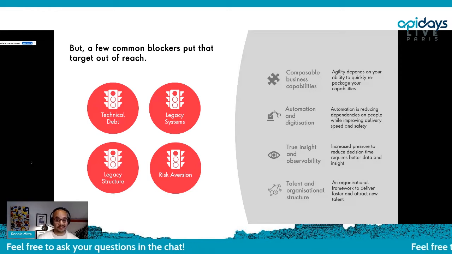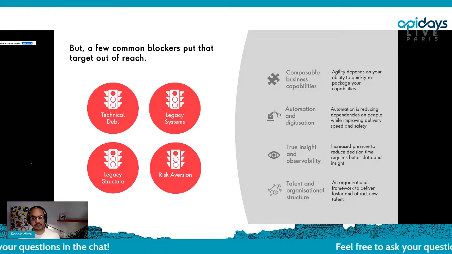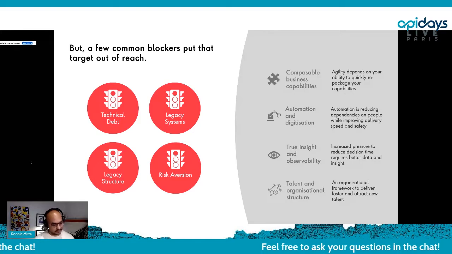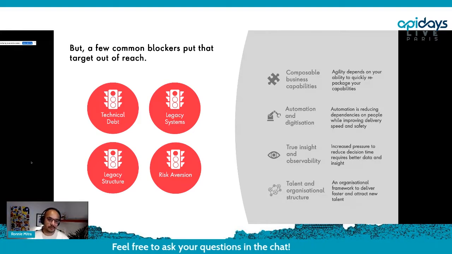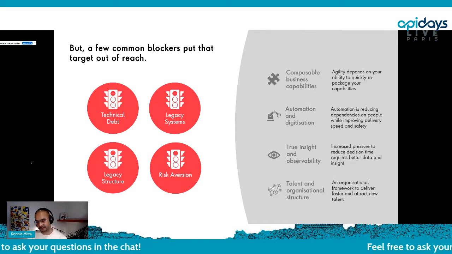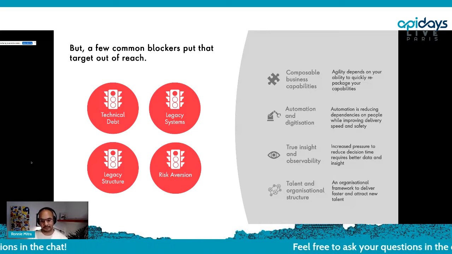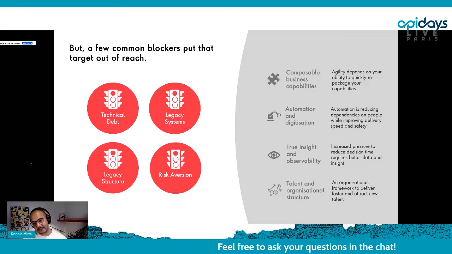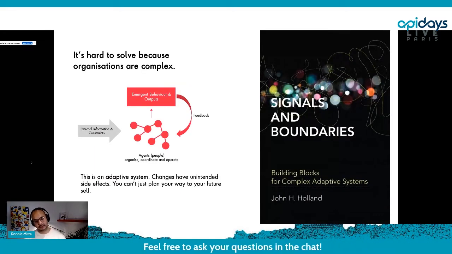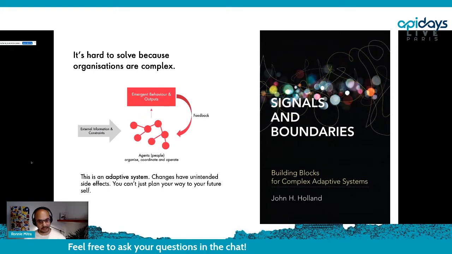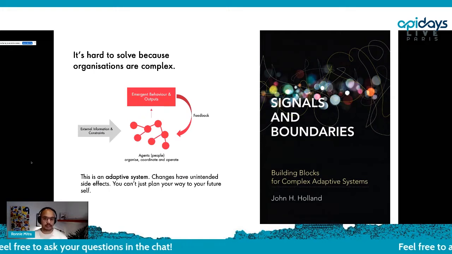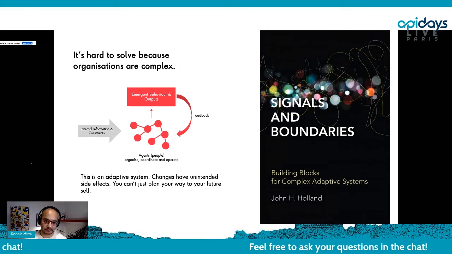In a sales pitch, this is the point where I would say, and here's the magical answer. But we know the truth is there's no silver bullet. There's only hard work. There's no easy way to solve this. And the reason there's no easy way to solve this is that at its heart, this is really a complex adaptive system.